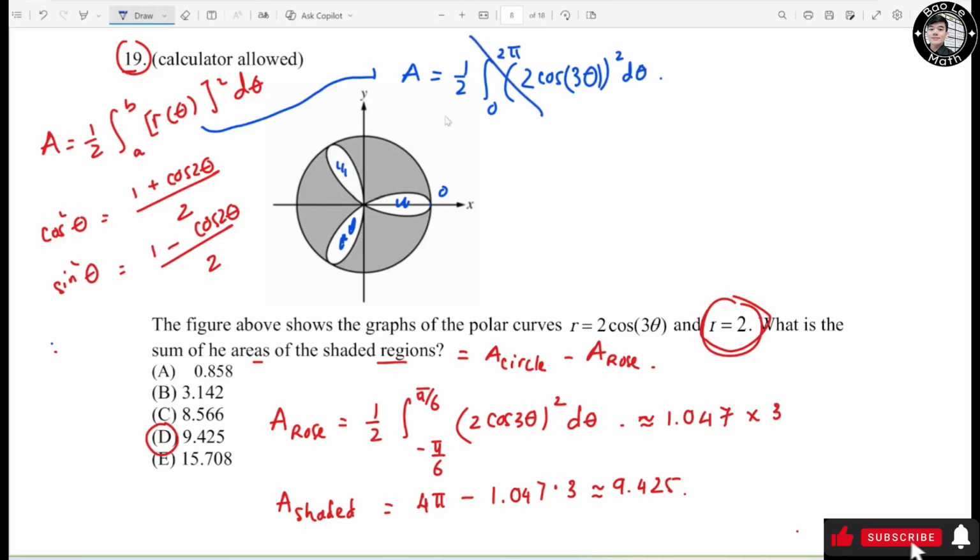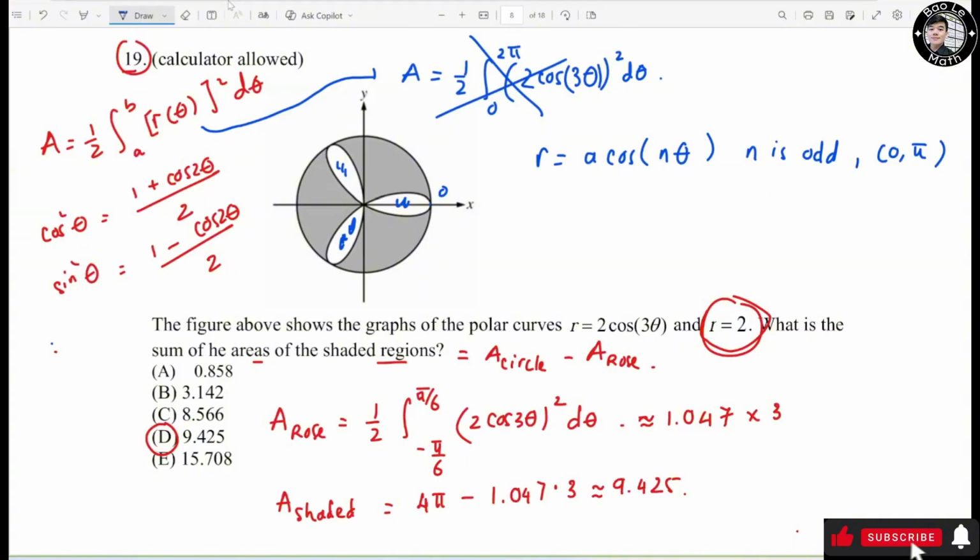Unfortunately, this is not the case. If you integrate from 0 to 2 pi, you are technically calculating the area of the rose twice. This is why for any rose r equals a cosine of n theta, where n is odd, we use the interval 0 to pi to capture the area exactly once.